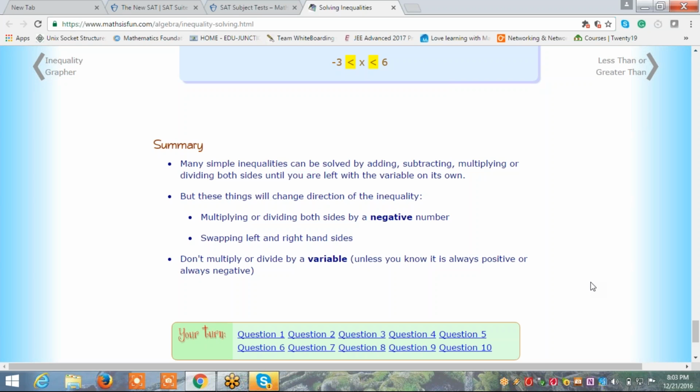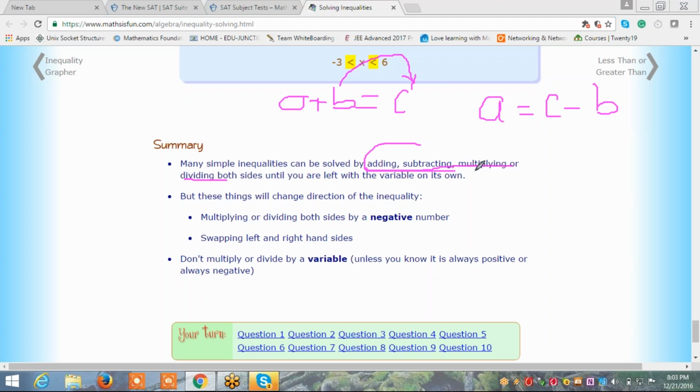Addition, subtraction, and multiplication or division are the 3 important operations we need to take care of in inequalities. Why are we doing this? Because we don't have an option, as in equals, to move terms from LHS to RHS. So we need to use these operators.